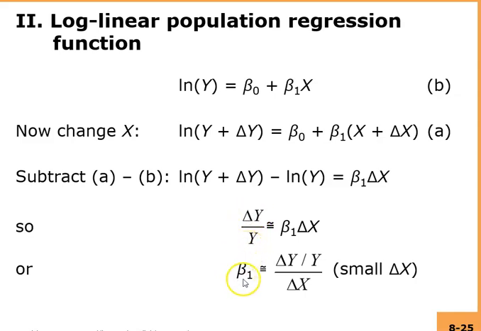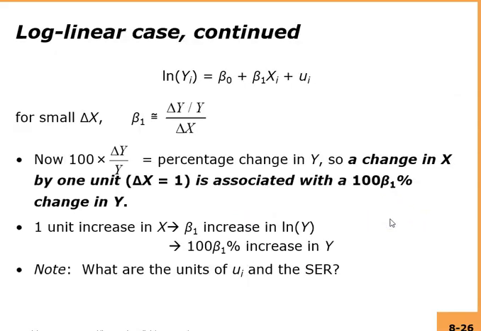By now we pretty much know how this happens, which once again means that beta 1 will be equal to percentage change in y divided by change in x, and that will hold true for small changes in x. Just keep in mind that the interpretation changes slightly over here from the linear-log specification. If this is the regression that we are estimating, for small changes in x, beta 1 will be equal to percentage change in y divided by change in x.